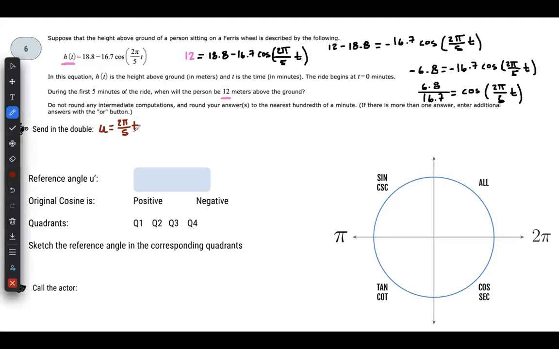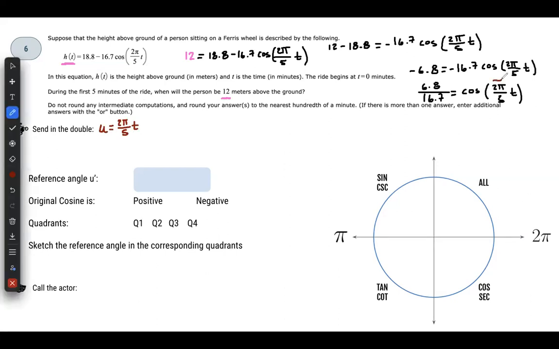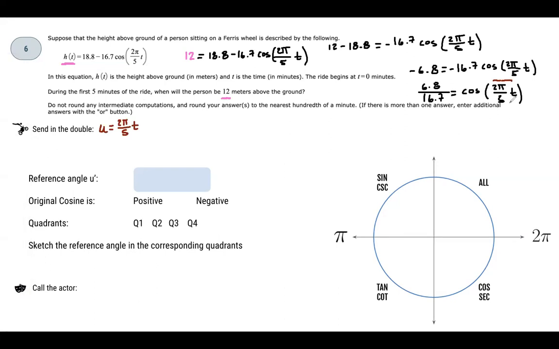So the meaning of that is that we don't want the cosine of something that is not simply t, simply x, simply theta. We want to turn it into a simple cosine.